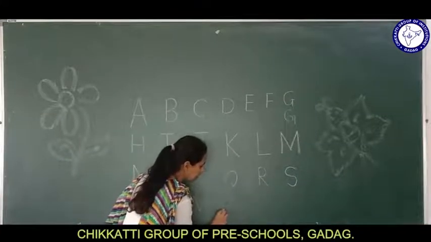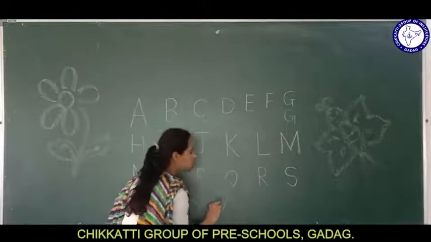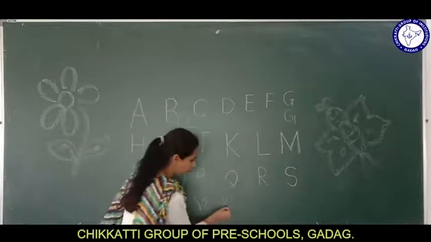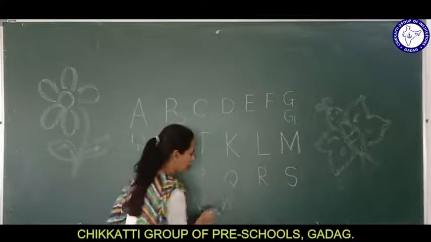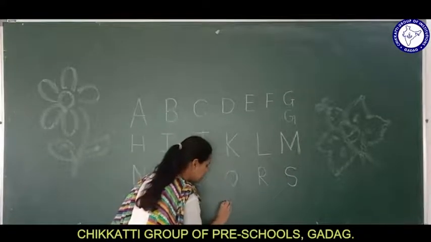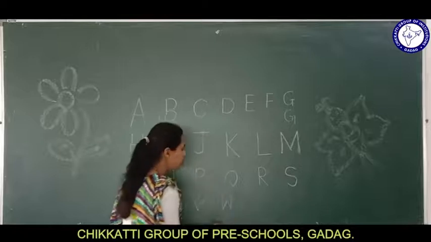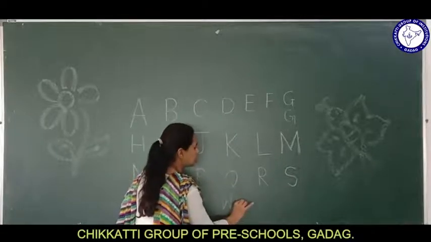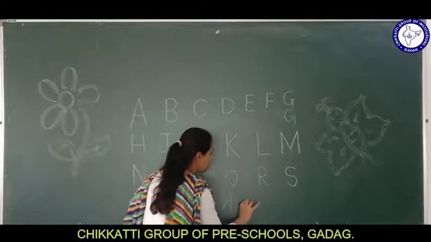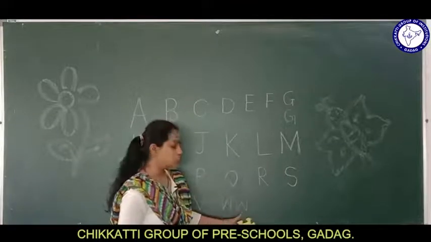Standing, slanting. Again, we are taking stairs, right? Here we are climbing stairs. Standing, slant, down, up. It becomes W.